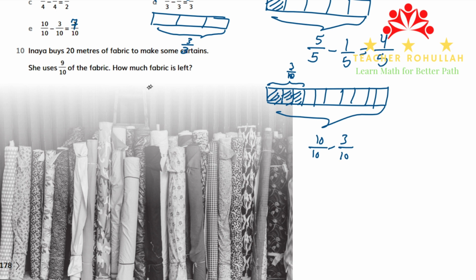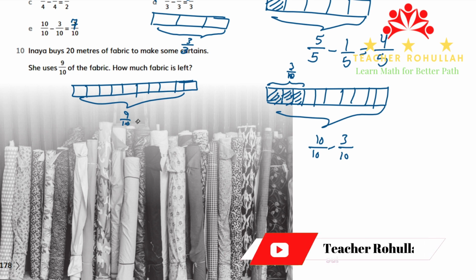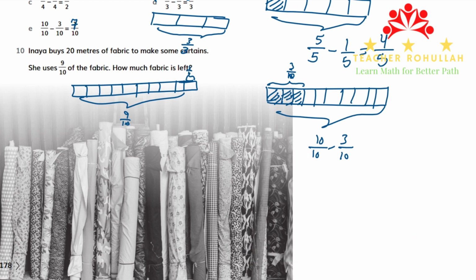To clarify this answer, I will use a diagram, and this diagram is also cut into 10 equal parts. Now, out of the 10 equal parts, she uses 9 of them. Whatever is left is 1/10.